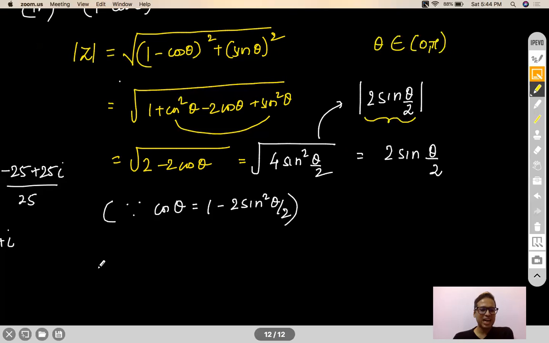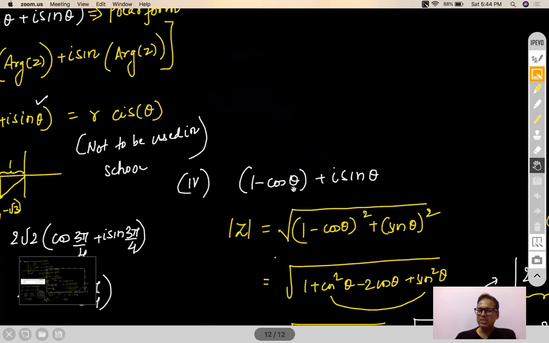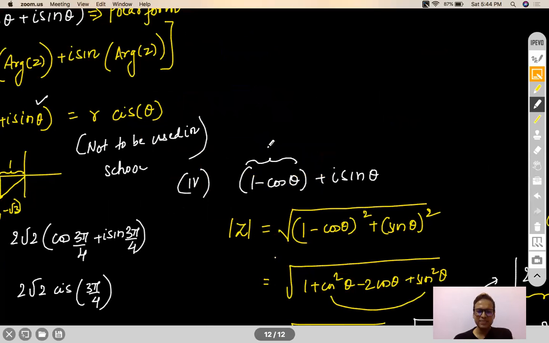Now, what about the argument? If you see, 1 minus cos theta is a positive quantity because your theta lies between 0 to pi. Sine theta is anyways a positive quantity because theta lies between 0 to pi. So in which quadrant will this complex number belong?